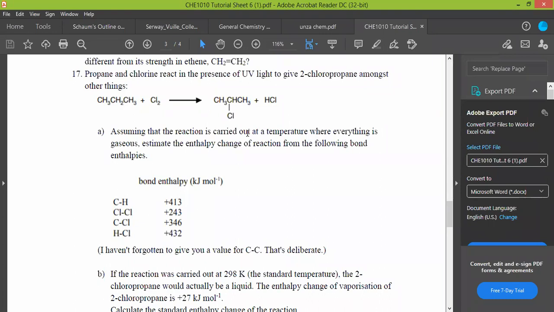The Cl bond, you have 1. So this is going to be 8 multiplied by 413 plus 243.